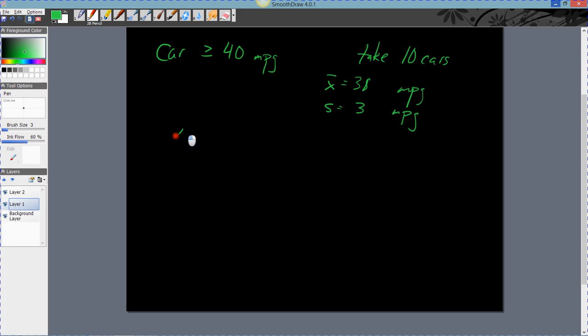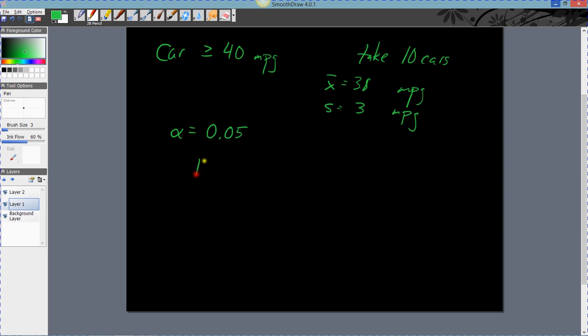And let's say we want alpha as 0.05. So the question is, is it possible that these cars really do average 40 miles per gallon and we just got a bad batch of 10 cars? Or does this sample of 10 cars show that no, these cars really don't get 40 miles to the gallon?